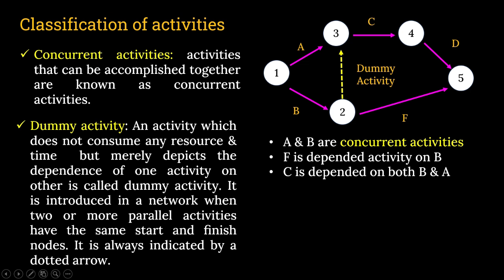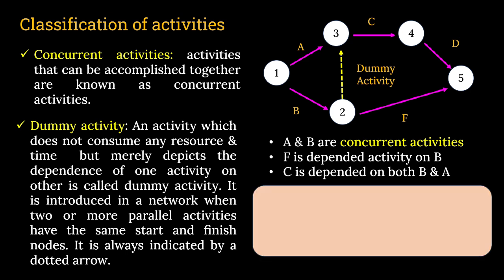So activity A is completing here, the activity is starting from here and completing there, and then only it becomes a dummy activity. So a dummy activity does not consume any time, does not consume any resources. Clear? It is just to fulfill the criteria of the network. It is given like that.